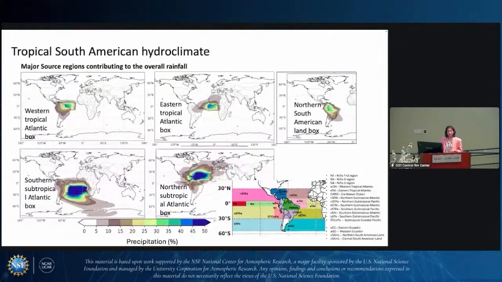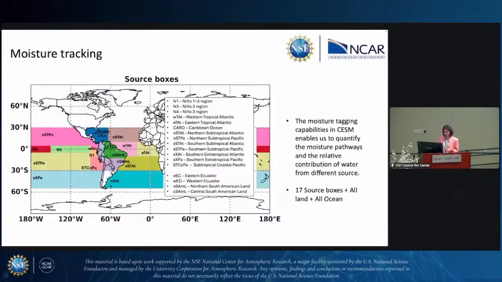This enables us to answer a lot of questions, but in the interest of time, I'm just going to show a few tracked moisture from some of the important source boxes. So we have 17 source boxes from which we are tracking moisture, and then one all land box and one all ocean box.